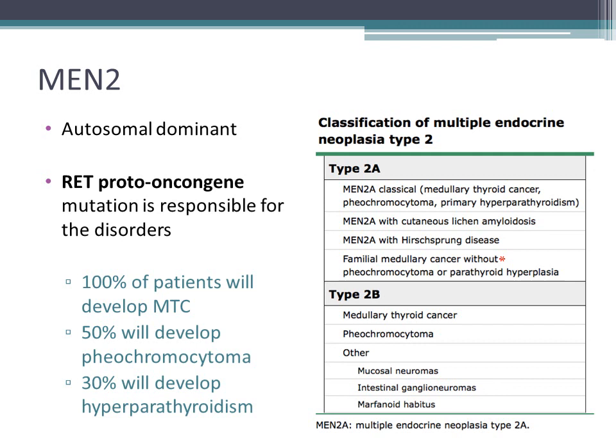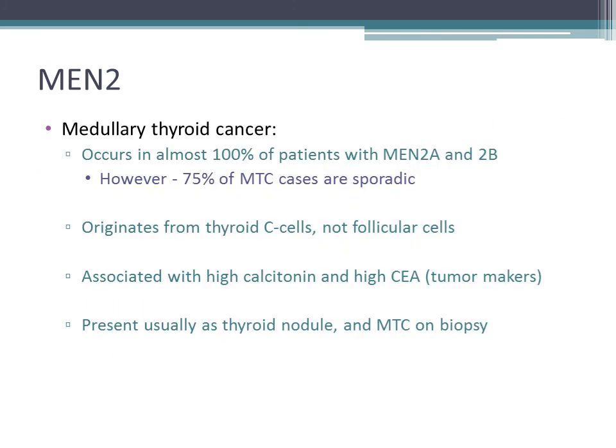Now, the difference between 2A and 2B is shown in this table. So medullary thyroid cancer occurs in 100% of patients with MEN2A or MEN2B. However, it's very important to remember that 75% of cases of MTC, medullary thyroid cancer, are sporadic.